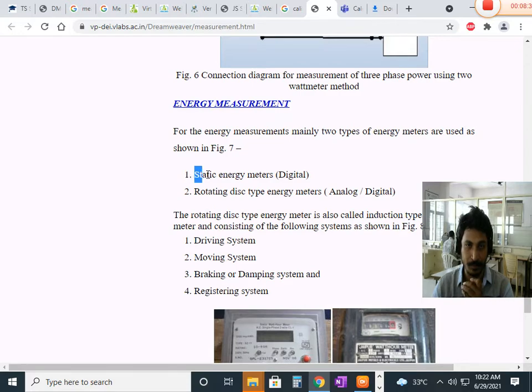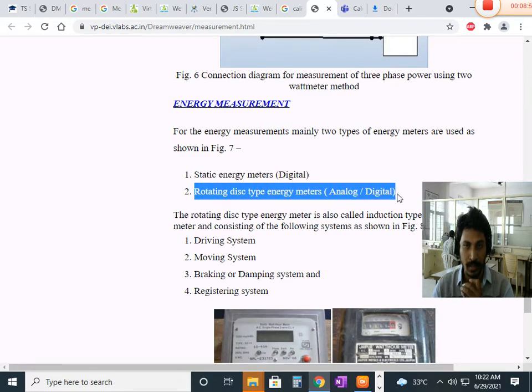First one is the static type, designed with no rotating disc. Whereas the old analog type energy meters are rotating disc type energy meters. So sometimes it may be analog and digital.